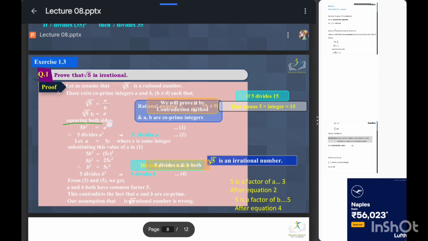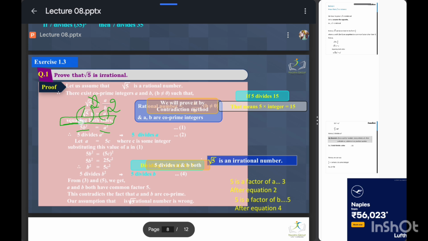Then squaring on both sides, you will get root 5 b whole square, and multiply this one with square. So the root and the square cancel each other, students. 5b square equals a square.